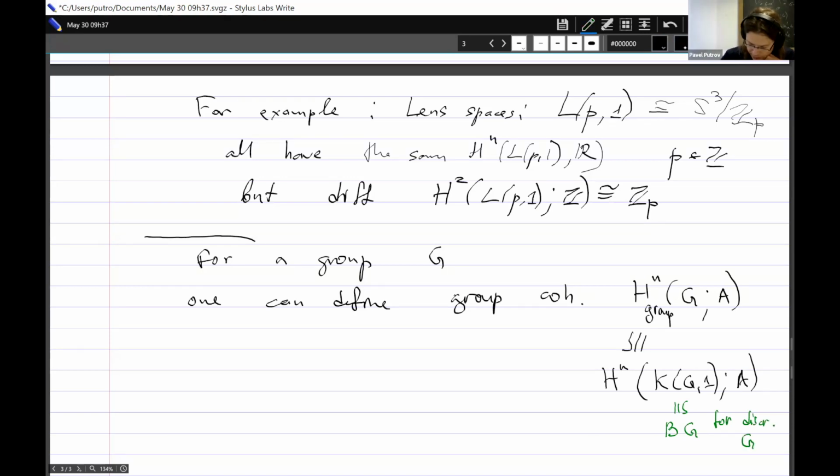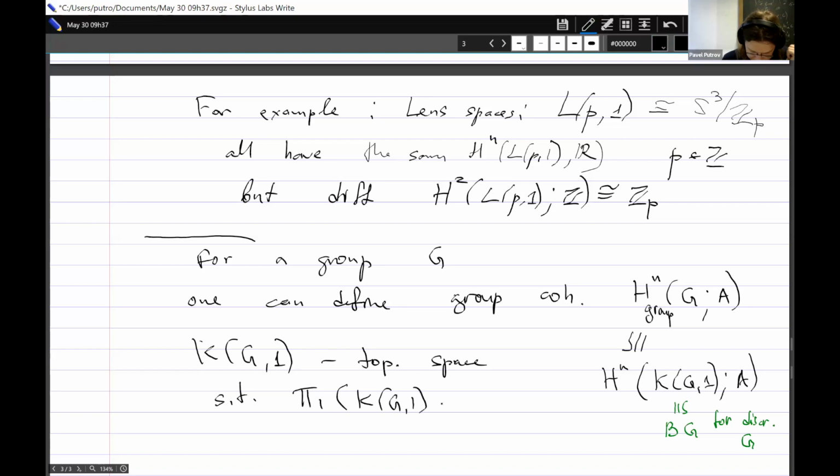So this is K(G,1). In principle, there is an explicit construction of this topological space K(G,1). It is a topological space such that its first fundamental group is equal to G, and all other homotopy groups are trivial.